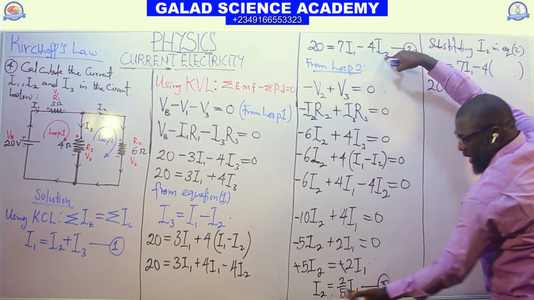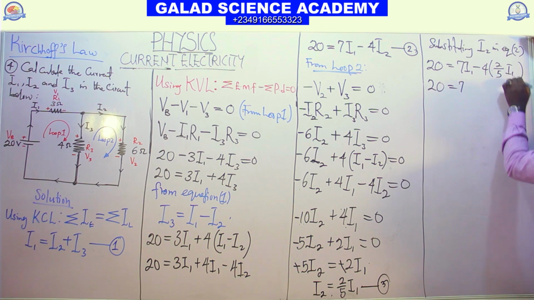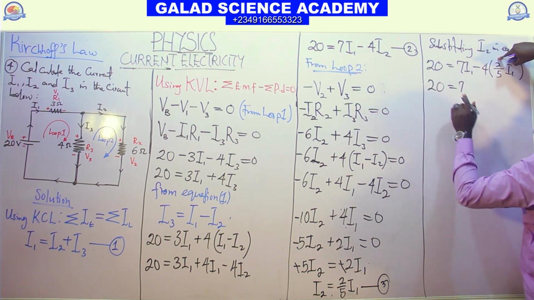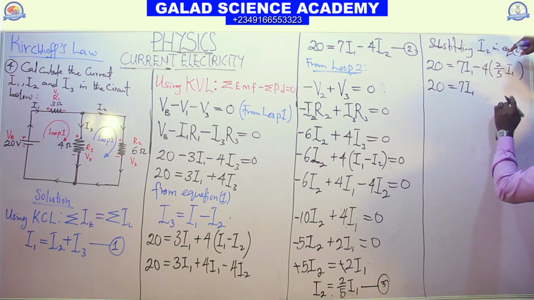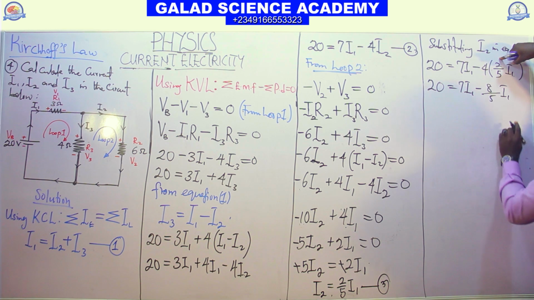What is I2 here? I2 is 2 over 5 I1. By putting I2 to this side, so 27 I1. Oh, 4 times this, we have minus 8 over 5 I1.